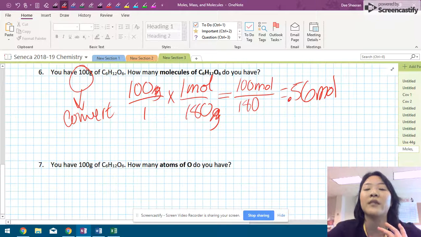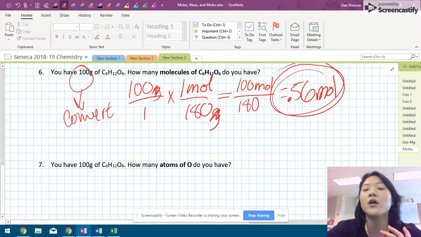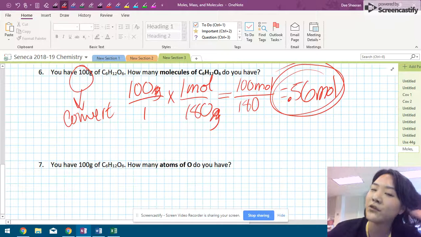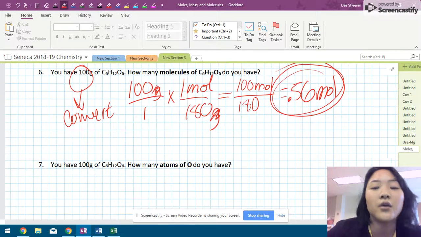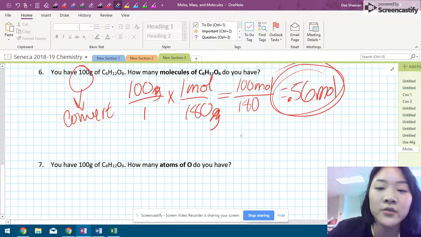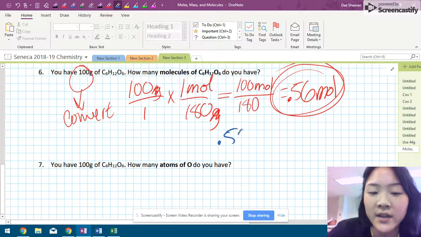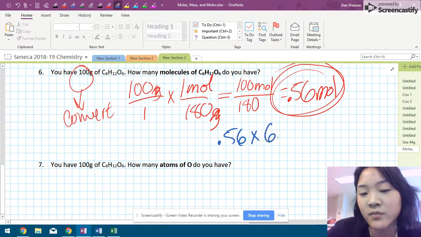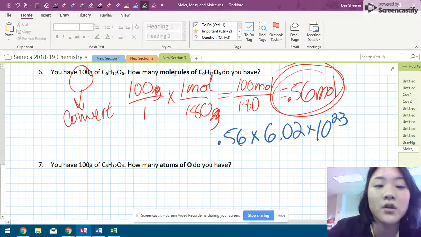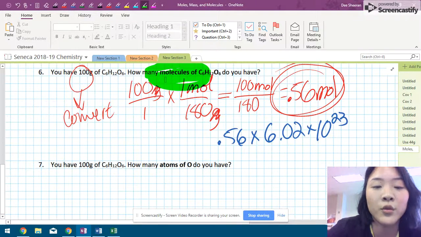Now you have to multiply this number right here by Avogadro's number, or the 6.02 times 10 to the 23rd. So now I'm going to choose a different color. We're going to do 0.56 times the 6.02 times 10 to the 23rd number. And because we're dealing with molecules, we only have to do this.